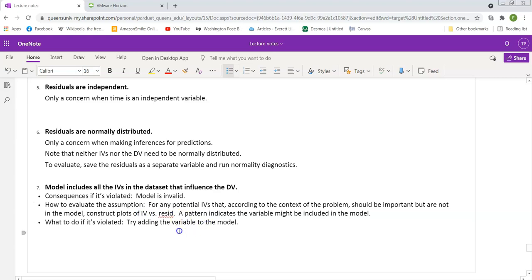But more about that on Thursday when we talk about model building. Basically, if you look back at your data and you see that there are other variables you might include, looking at plots of those independent variables versus the residuals, if you see a pattern there, then you might add that variable to the model.